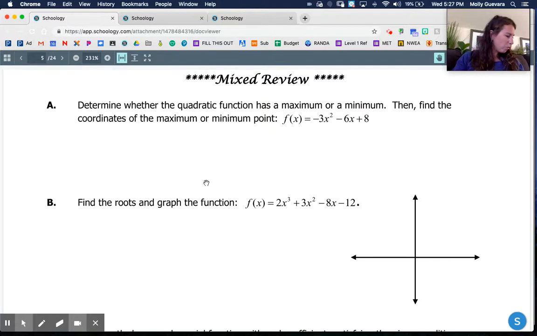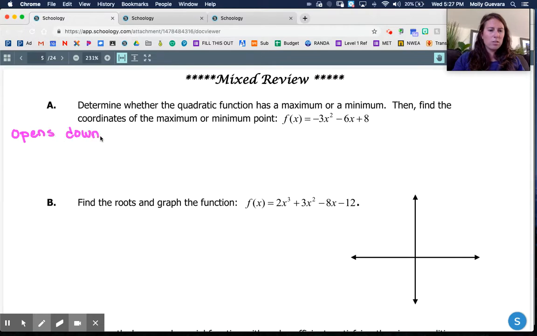So there are 5 problems here. The first problem says determine whether the quadratic function has a minimum or maximum, then find the coordinates of the minimum or maximum. The first thing I want to look at is, does this parabola open up or down? In this case it opens down.